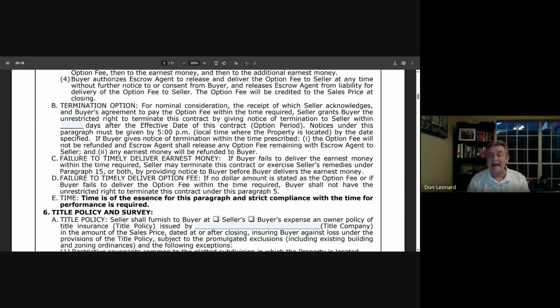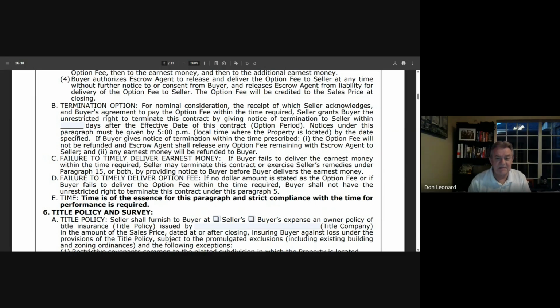So, of course, the blank is going to identify how many days this option period is. How much time does the buyer have to change their mind for any reason and walk away?